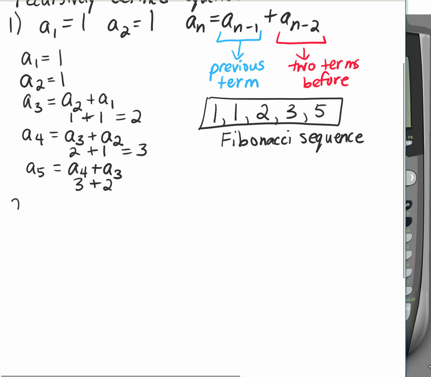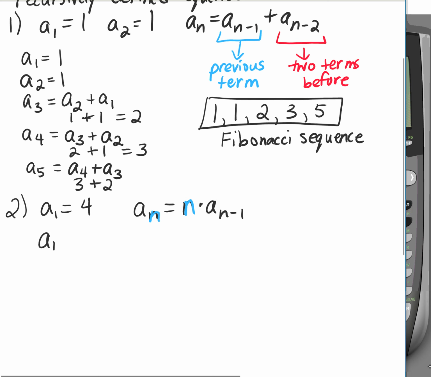Our second example, we'll just have the first term, and then a sub n is equal to n times the previous term. So you have to be careful because n is now part of it. So each time the n changes, that number will also change.